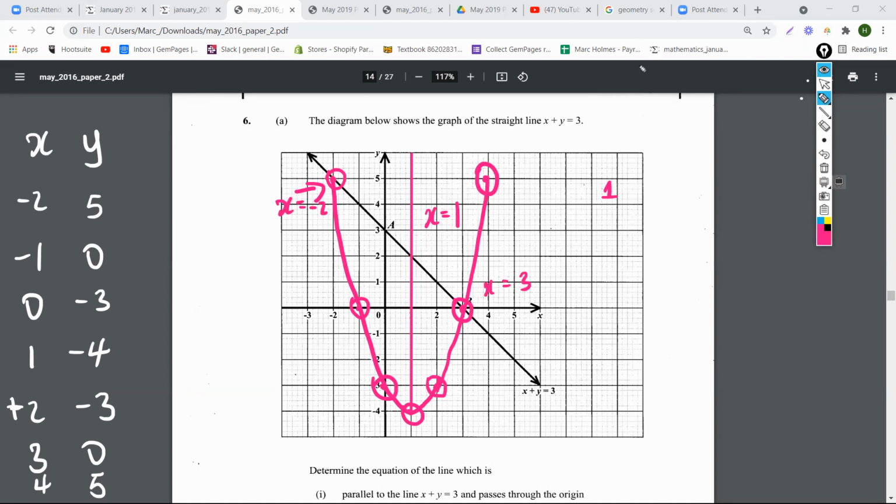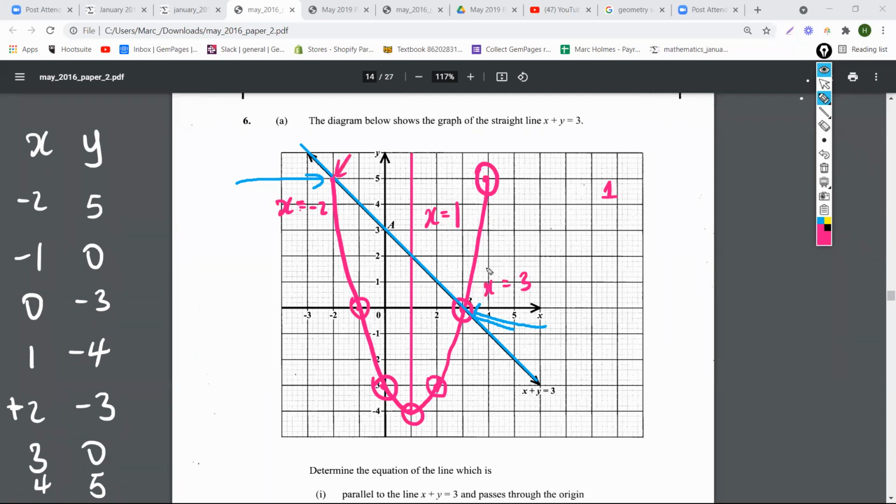They're asking you for the points where this line, x plus y is equal to 3, cuts the graph. So they're asking you for here and here, the x values at those points. And at those points x is equal to 3 and x is equal to minus 2.